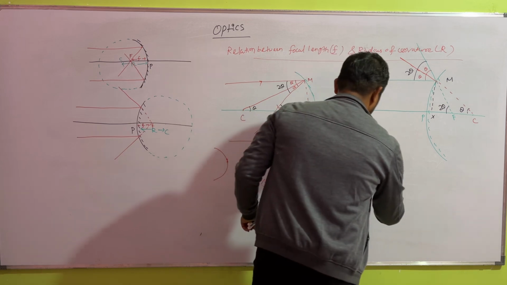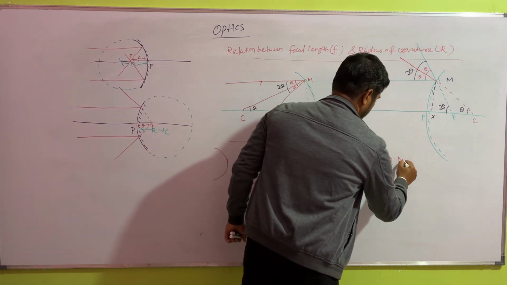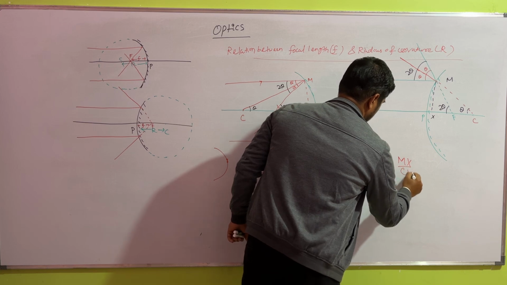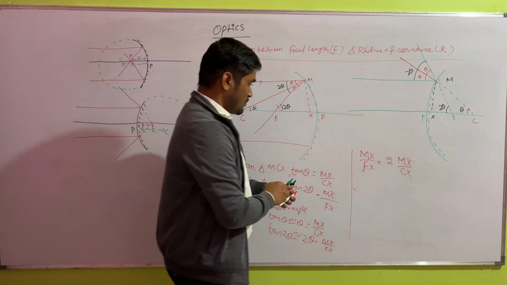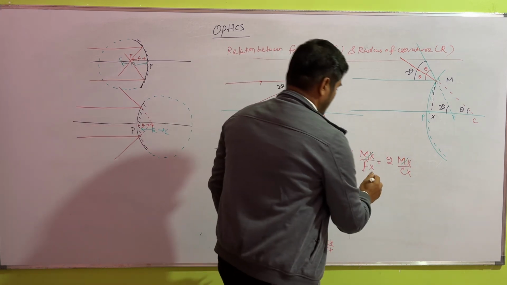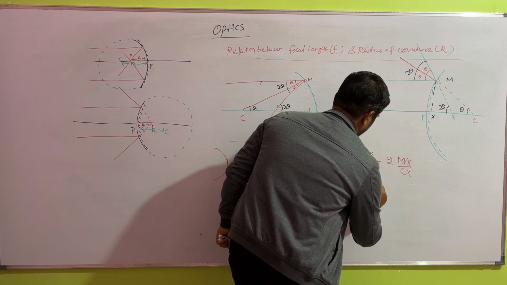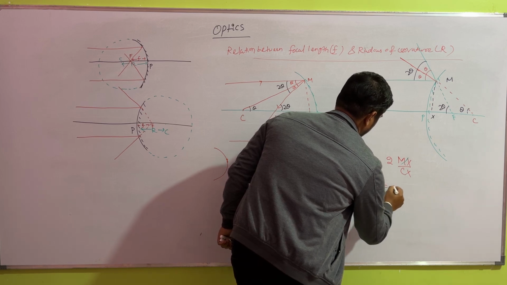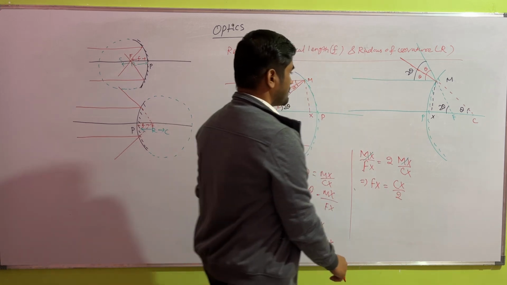So we can write twice MX divided by CX. So from both sides MX will be cancelled. That implies FX will be equal to CX divided by 2.